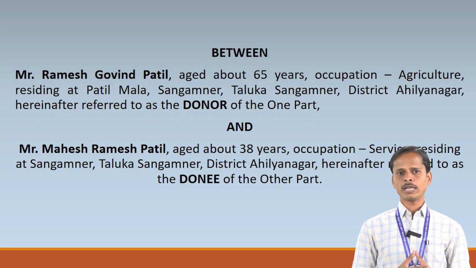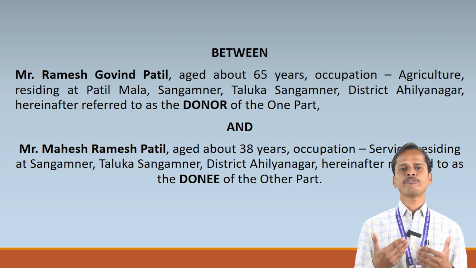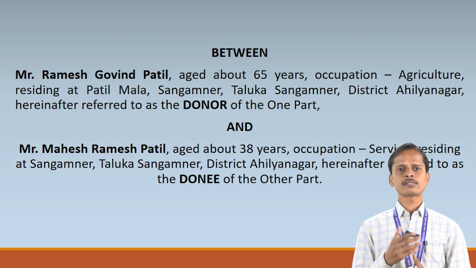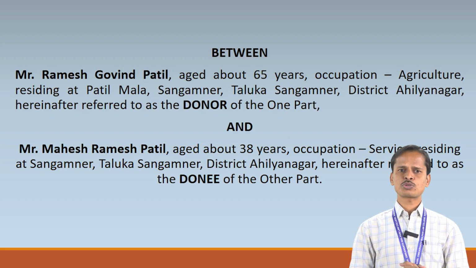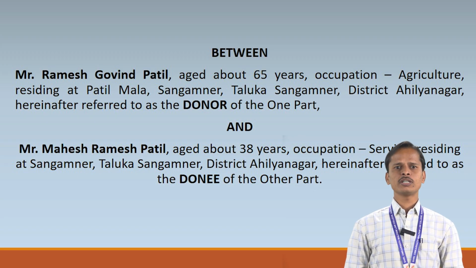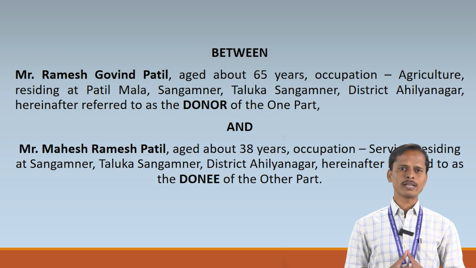So, our draft will look like this: between Mr. Govind Patil, aged 65 years, occupation agriculture, residing at Patilmala, Sangamner, Taluka Sangamner, district Ahilyanagar, hereinafter referred to as the donor of the one part, and Mr. Mahesh Ramesh Patil, aged about 38 years, occupation service, residing at Sangamner, Taluka Sangamner, district Ahilyanagar, hereinafter referred to as the donee of the other part.